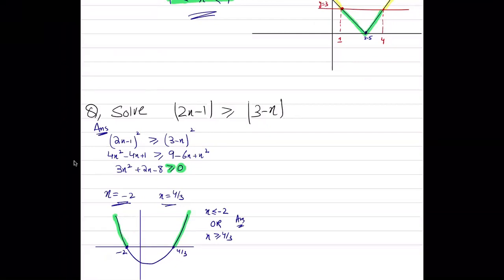Very good. Now, could you do the same thing graphically as well, please? Just try the graphs and then we can compare our answers. Okay.